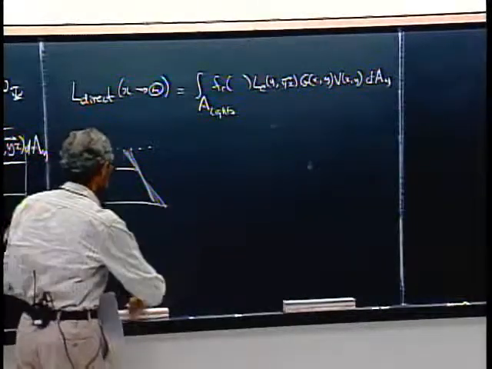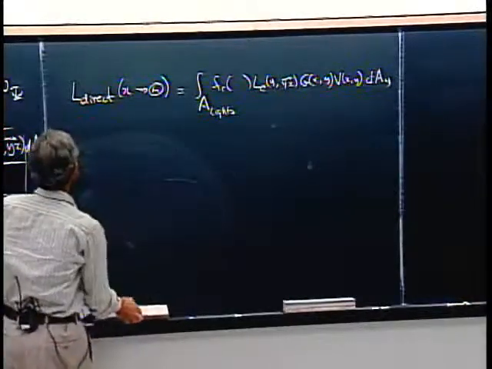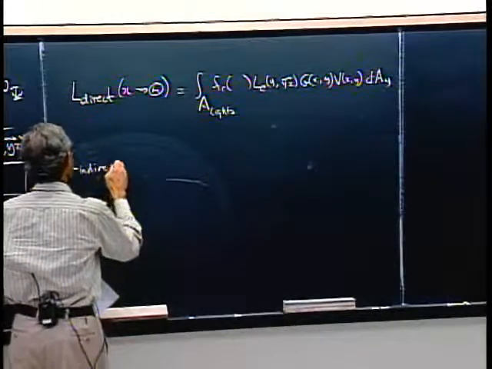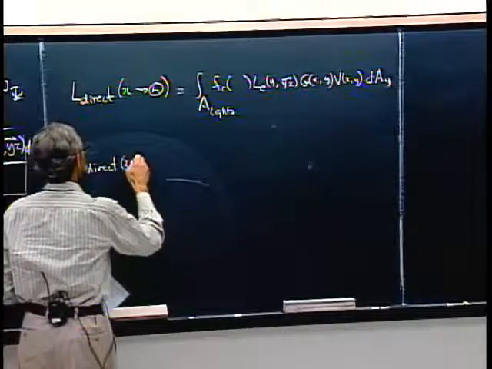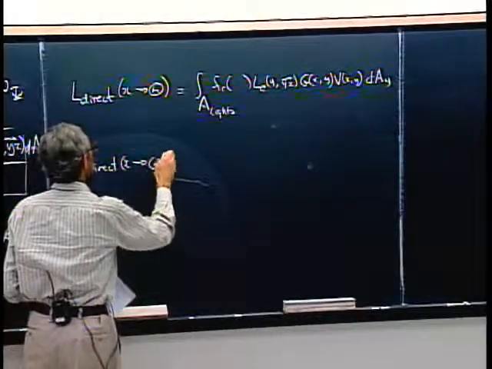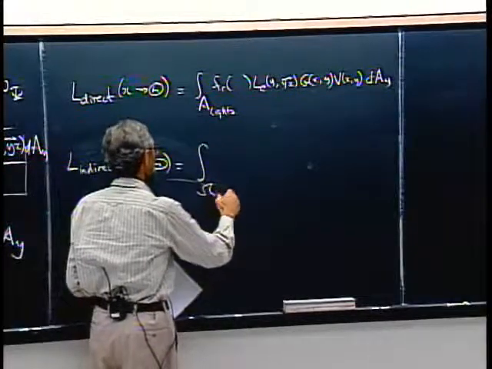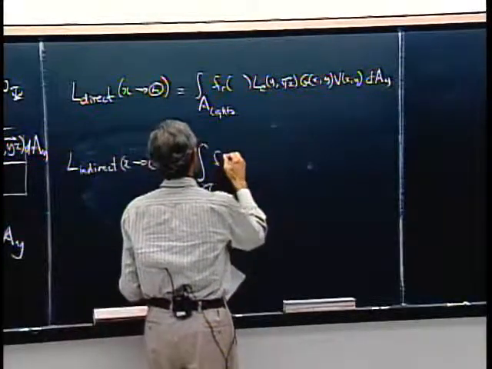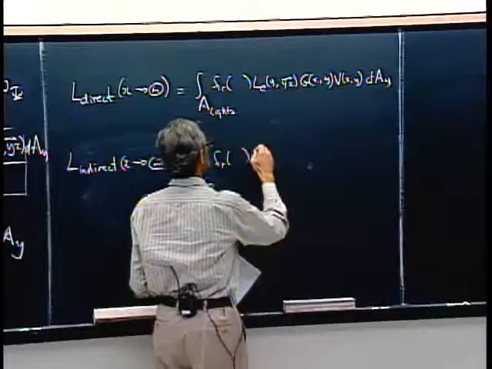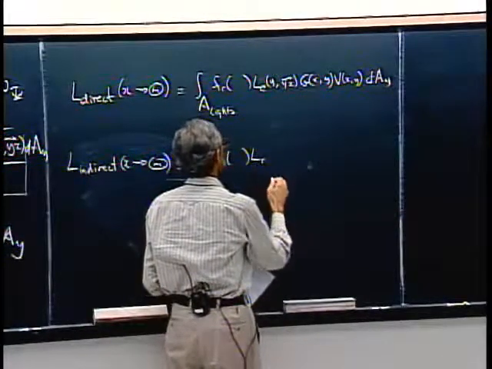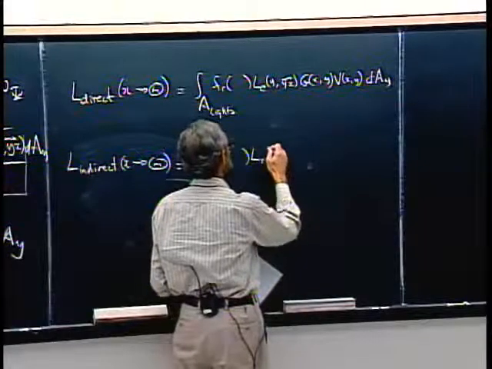And then you could do L indirect at x coming out in direction theta. You might want to do that over the hemisphere of this f_r L. And now this is the reflected light instead of the emitted light.